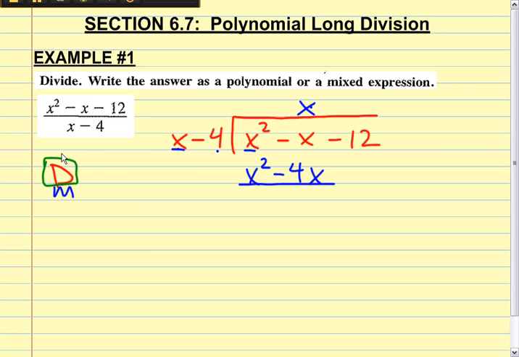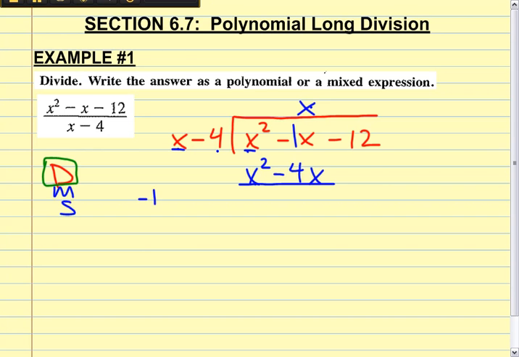Now, after I multiply, I subtract. X squared minus x squared, those just cancel. There's nothing underneath them. Let me ask you this. What about minus 1x minus negative 4x? Or you can just think about the numbers.